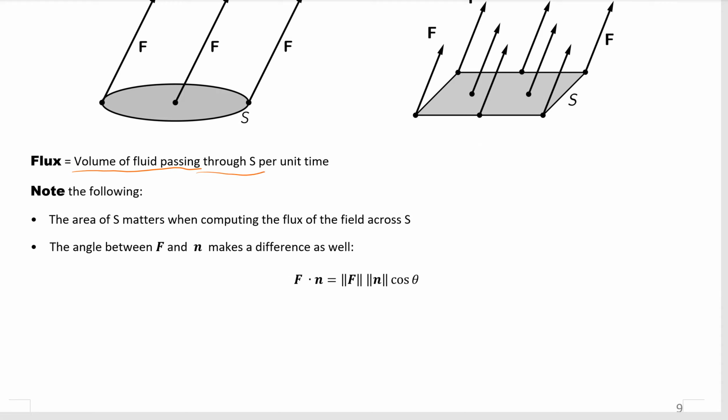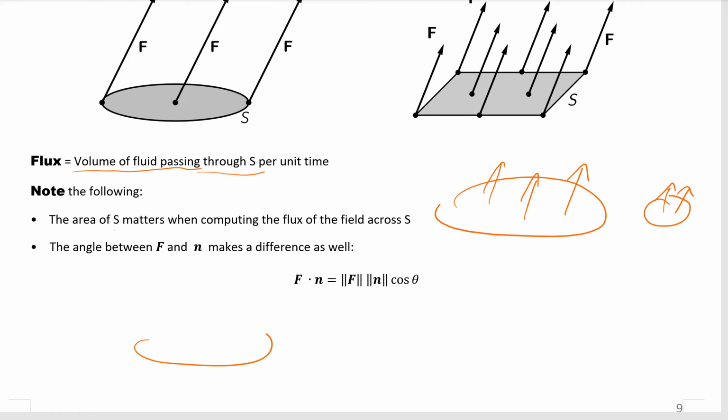Note the following. The area of S matters when computing the flux. Of course, if you have a larger area, then more fluid goes through it compared to a small area. Second, the angle between F and n makes a difference as well.